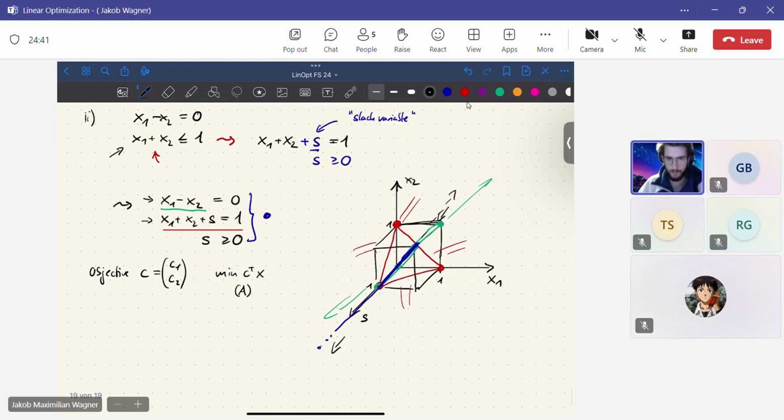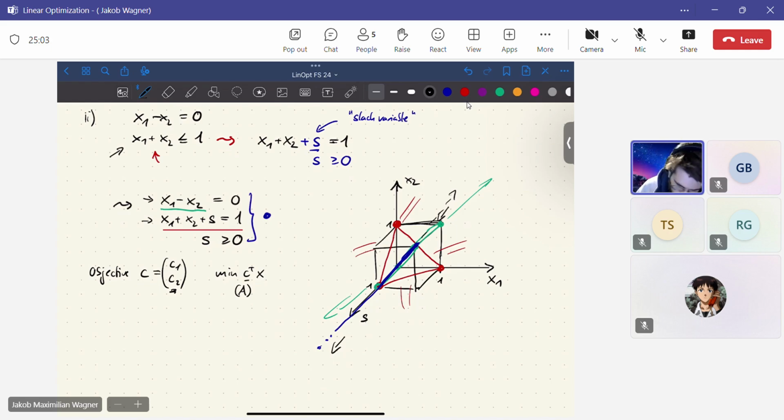And so obviously, if we rewrite the feasible set into 1 dimension higher, so we introduce this additional slack variable, we also need to think about how we need to modify our objective function to now also consider this 1 variable more.